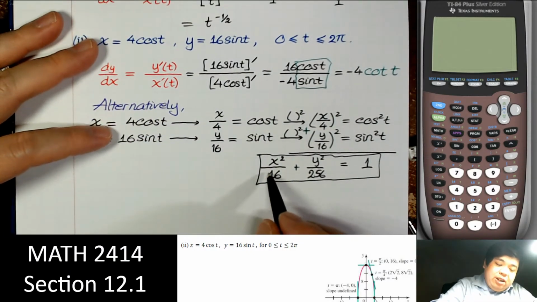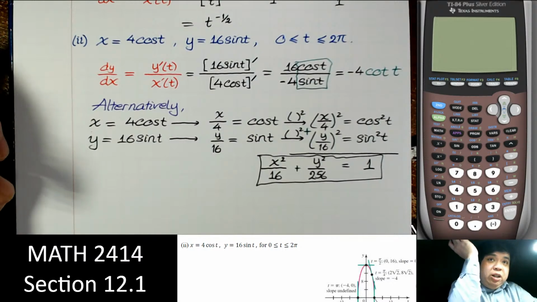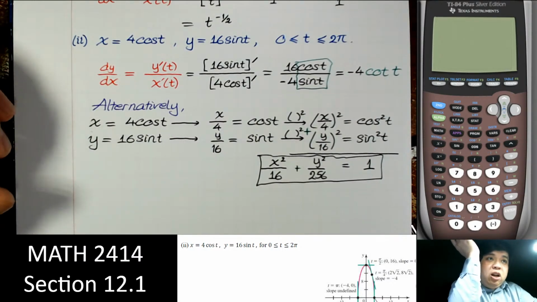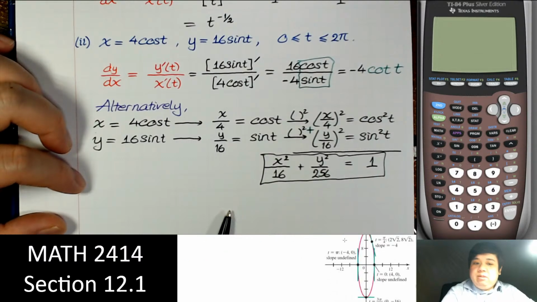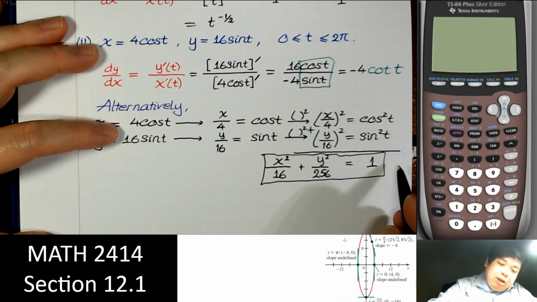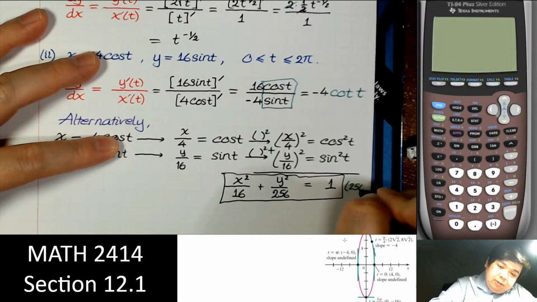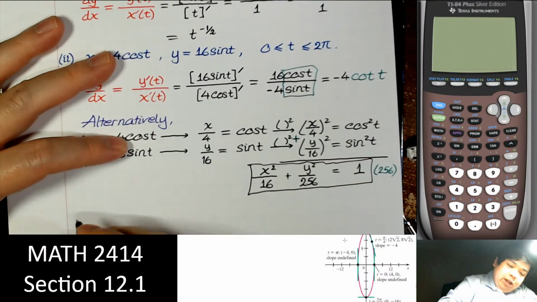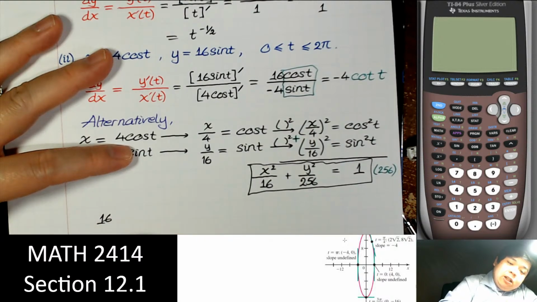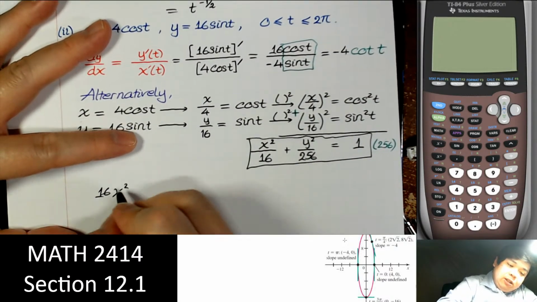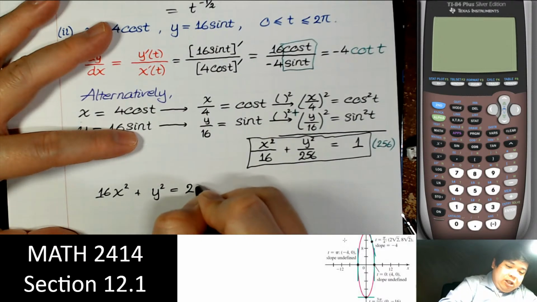So how do we graph this one? In section 11.4, when we deal with ellipse, then we certainly have that. Of course, with this ellipse. But if we multiply everything by 256, we have 256 divided by 16, so we have 16 x squared plus y squared equal to 256.